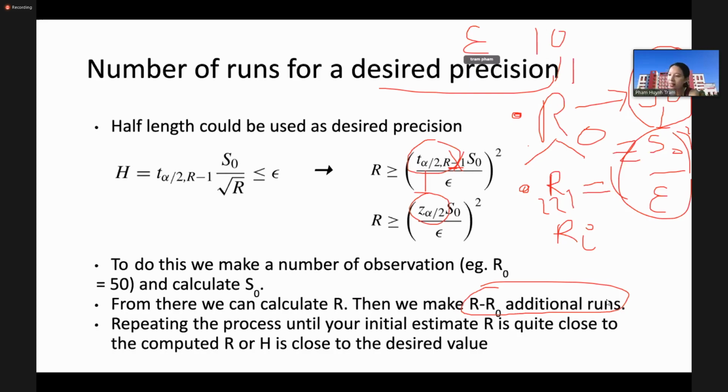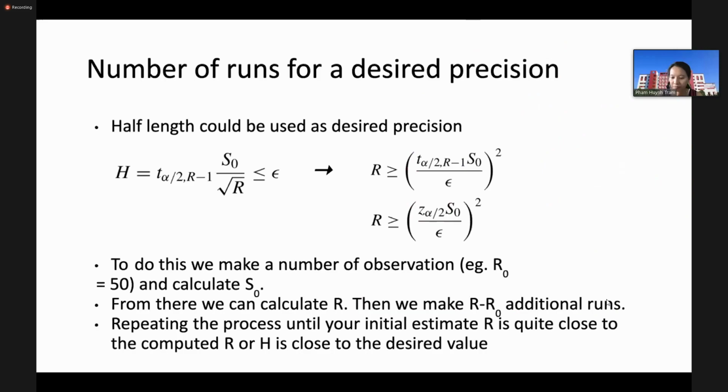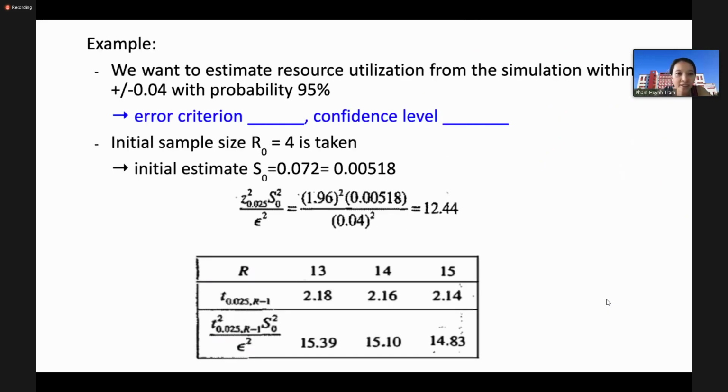Okay, so we can take this example. Let's say we are looking at the resource utilization from our simulation, and we want to estimate this output within plus or minus 0.04.